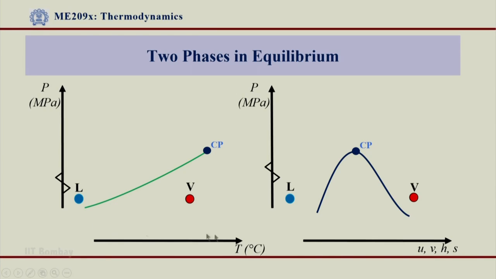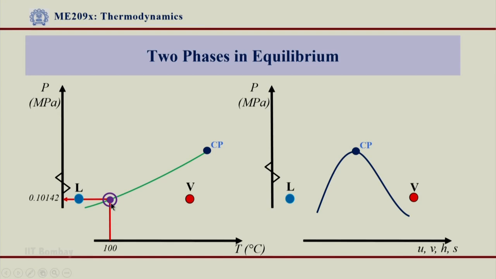So, here on a PT diagram I have shown the first point from where we started, 20 degree centigrade, and the point V, and again on this axis, any property I have taken here on x axis, which could be U, V, H and S: thermal energy, specific volume, enthalpy or entropy. I can take any of these properties.